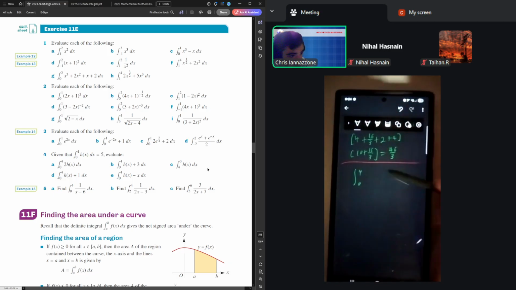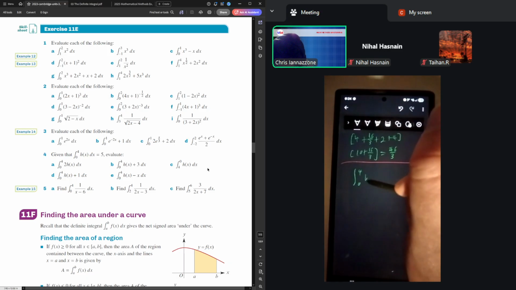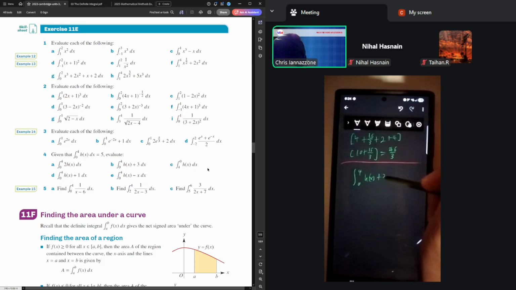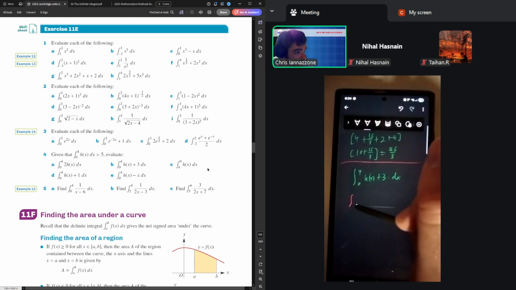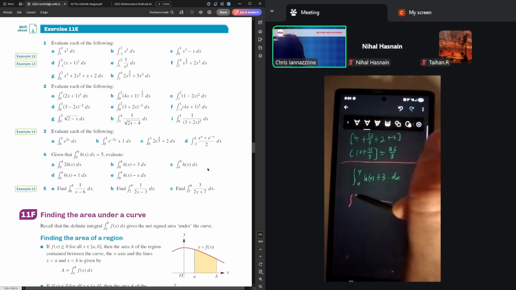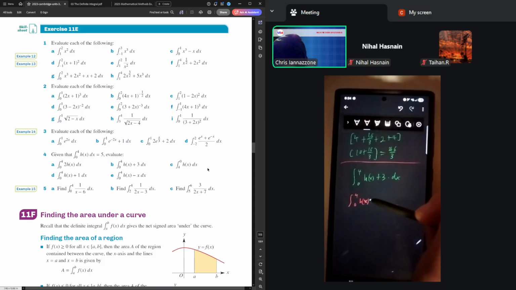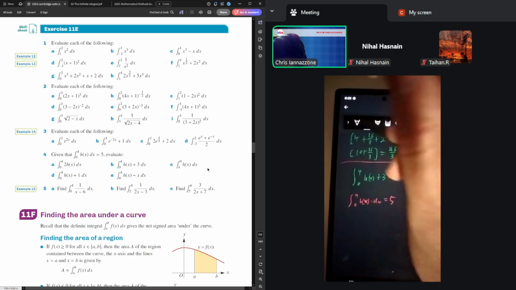Integral from 4 to 0 of h of x plus 3, with the knowledge that the integral from 4 to 0 of h of x is 5. That's our known. This is our unknown.